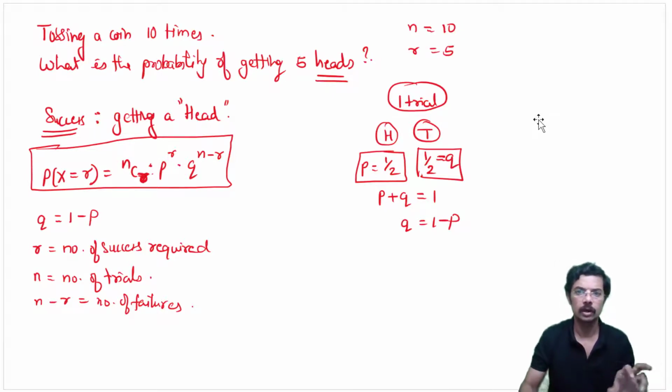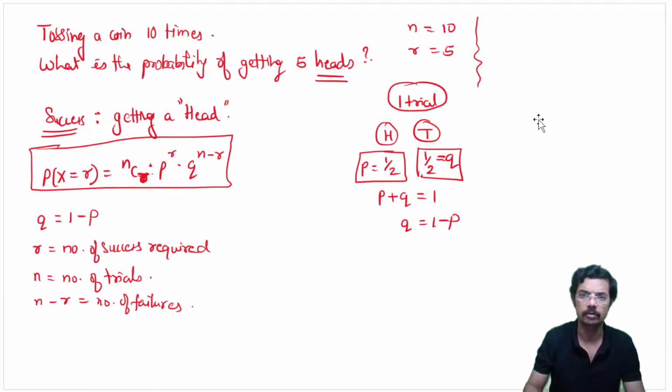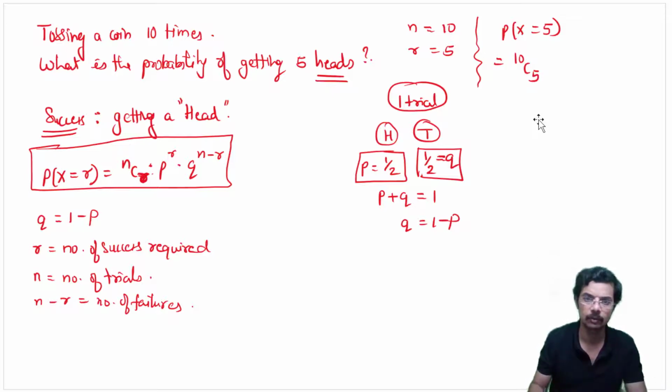So our probability function P of x equal to 5 is 10C5 into 1 by 2 the whole raised to 5, into 1 by 2 the whole raised to n minus r, that is 10 minus 5, which is again 5.